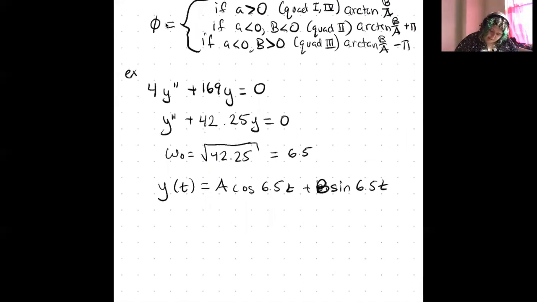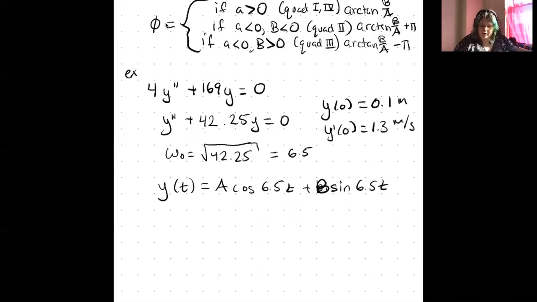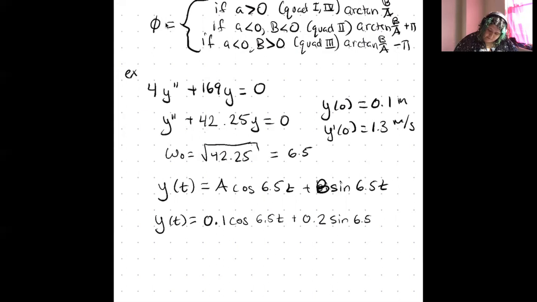For this, we're going to have initial conditions. y of 0 equals 0.1, y prime of 0 equals 1.3. This is in meters, and this is in meters per second. So if we were to solve this initial value problem, we end up getting that our coefficients are 0.1 cosine 6.5t plus 0.2 sine 6.5t.